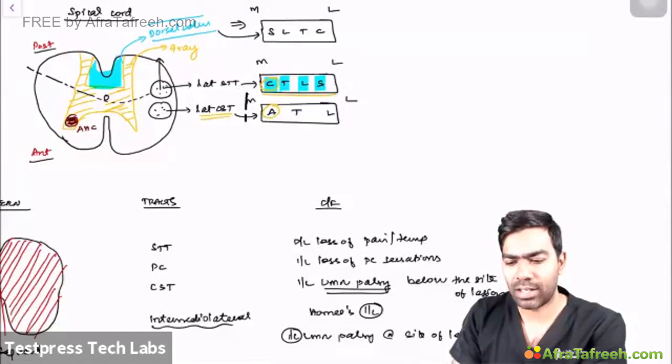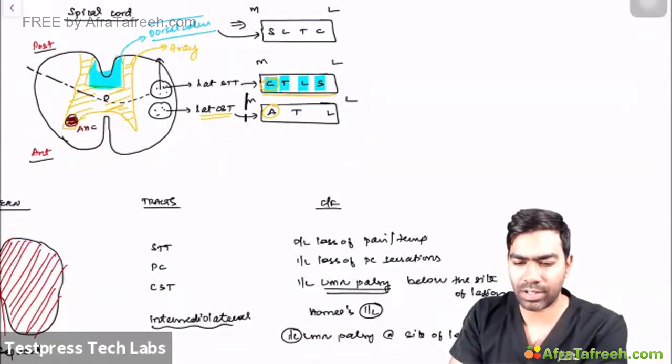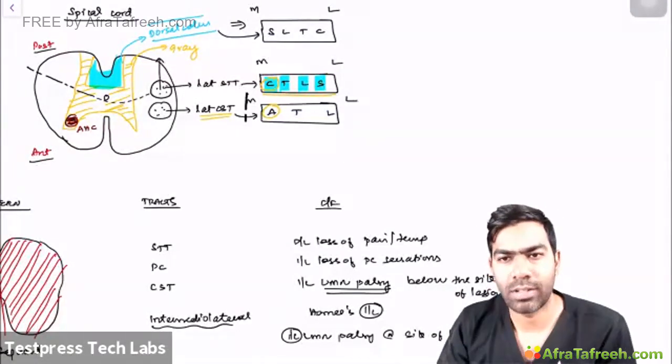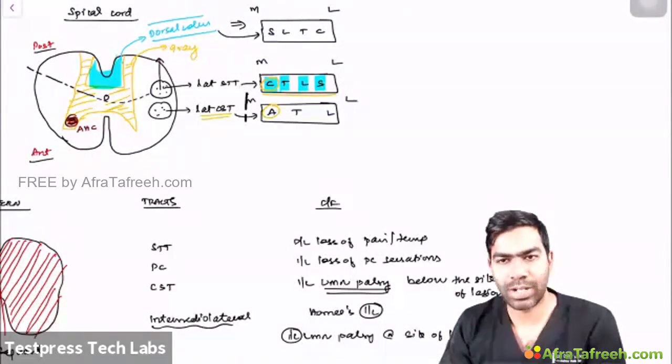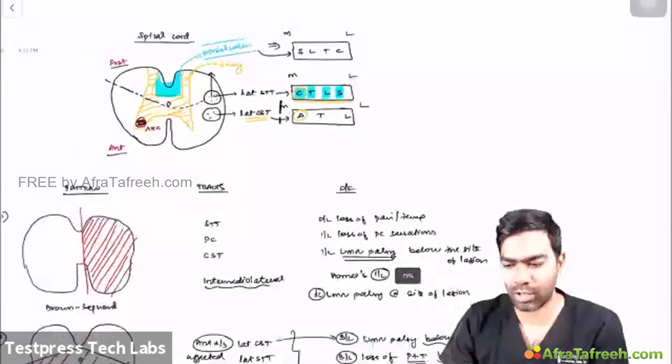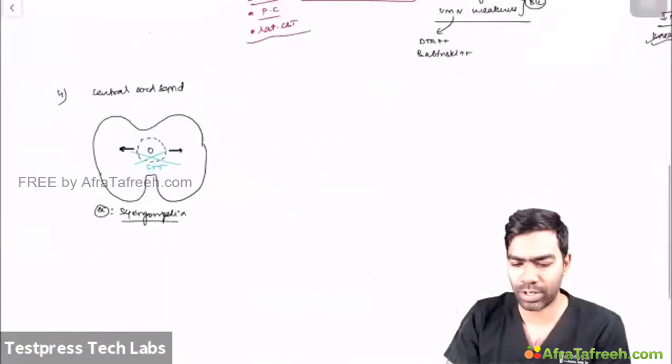As the central canal keeps on expanding, it's going to produce a descending kind of weakness and not an ascending kind of weakness. So that's a very important point to note here.